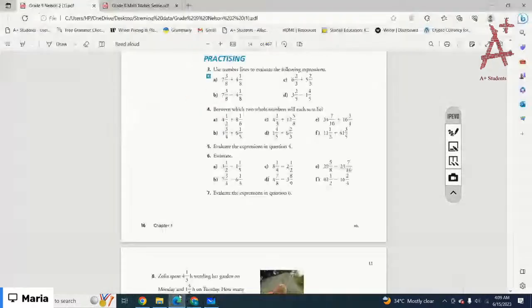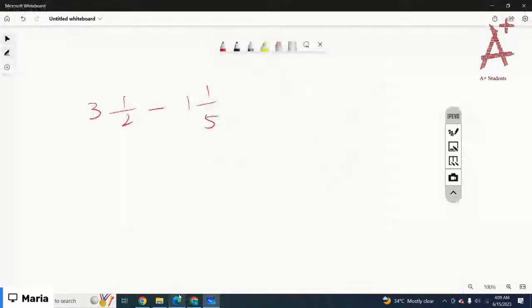We have to subtract. First of all, we have to make their denominators the same. Just convert them into improper fractions. 3 times 2 is 6 and 1 is 7 over 2, minus 5 times 1 is 5 and 1 is 6 over 5.